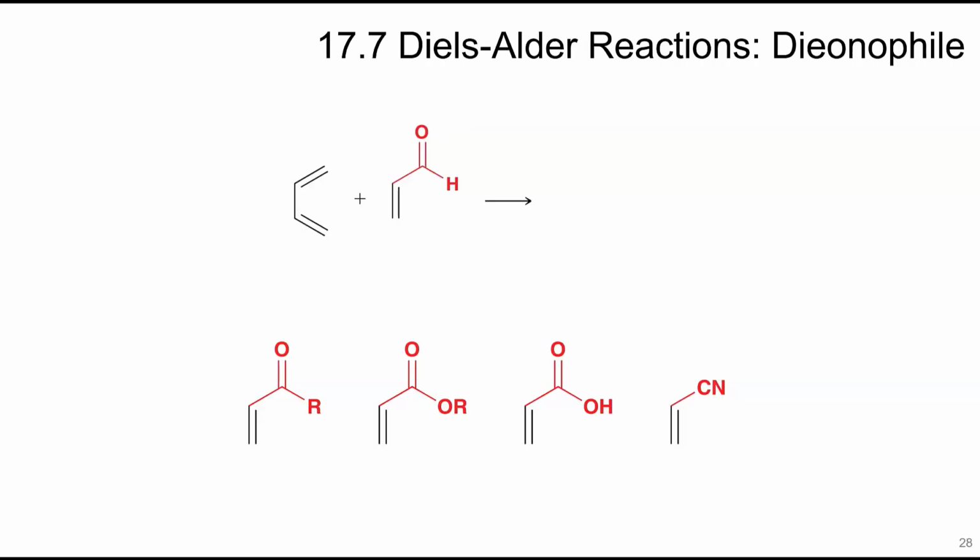If you want the reaction to proceed smoothly, we want to put an electron withdrawing group on the dienophile. So this is our electron withdrawing group.